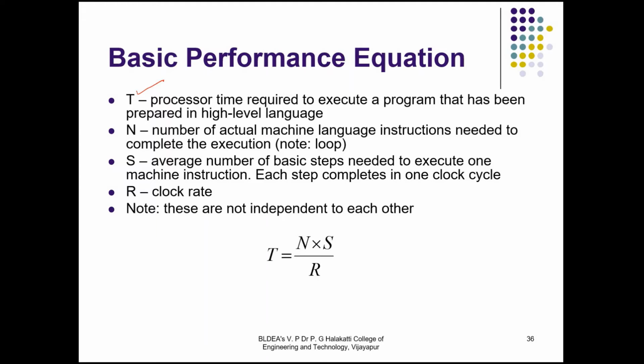Assume that complete execution of the program requires the execution of N machine language instructions. The number N is the actual number of executions and is not necessarily equal to the number of machine instructions in the object program. Some instructions may be executed more than once, which is the case for instructions inside a program loop, while others may not be executed at all, depending on the input data used.